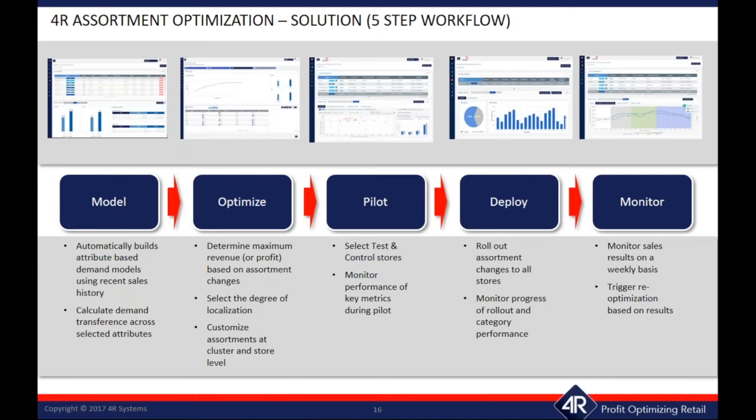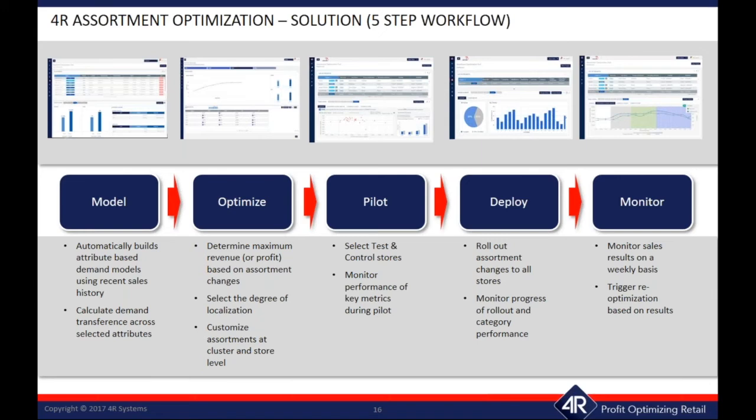Solution itself works through a kind of a five-step workflow. You're getting on this screen a little bit of the snapshots in the upper section to show you roughly what it looks like from a web perspective. This is a software as a service solution so that you actually access this through a web browser. And step one, you model the current environment, and that allows us to build those models underneath.